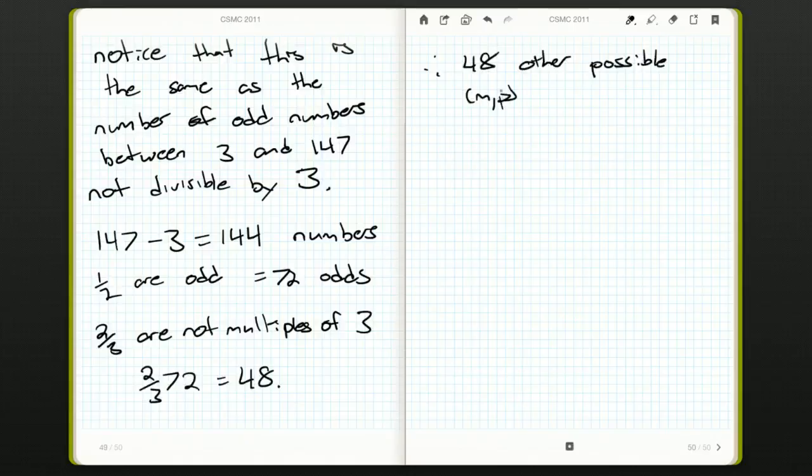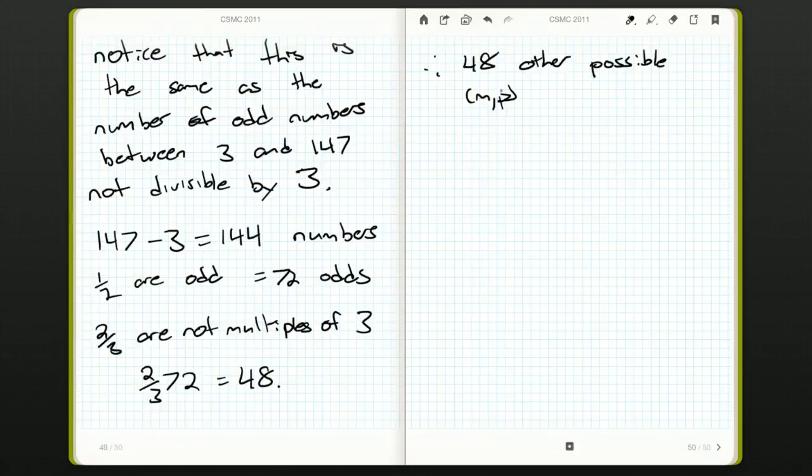Now every m and p we already remarked in this group, this other factorization satisfies all the rules. 1 less than or equal to m, less than or equal to p, less than or equal to 1,000. M is less than p, that way we're not double counting any previous cases. M plus p is greater than or equal to 3.